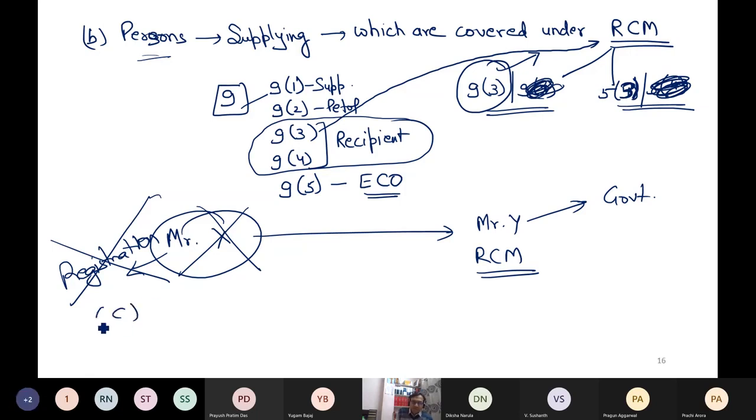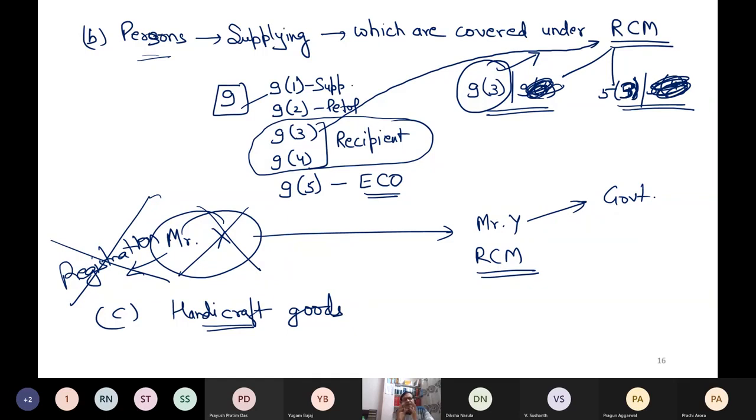Third point is handicraft goods. So basically, handicraft goods are those where fewer machines are involved and more human labor is involved.